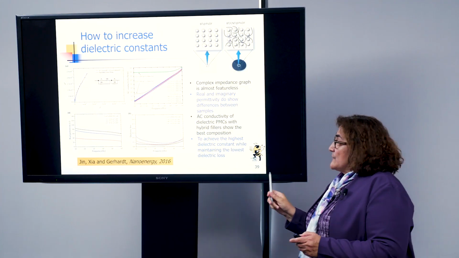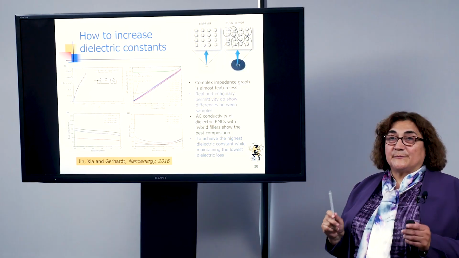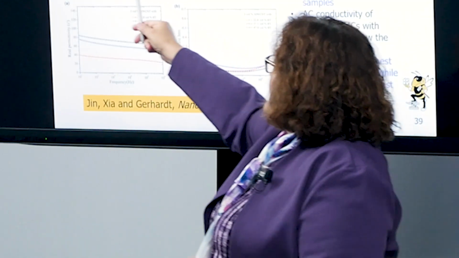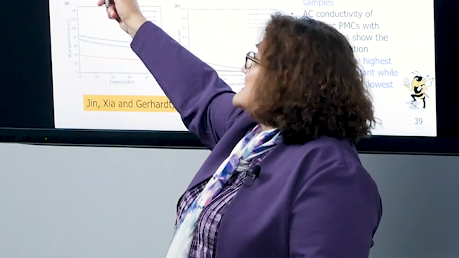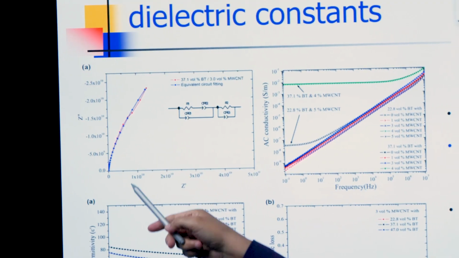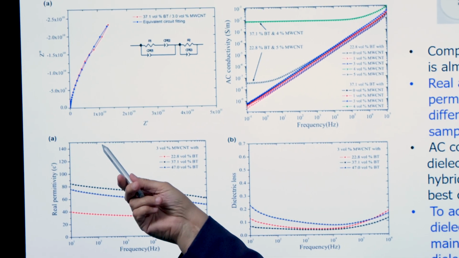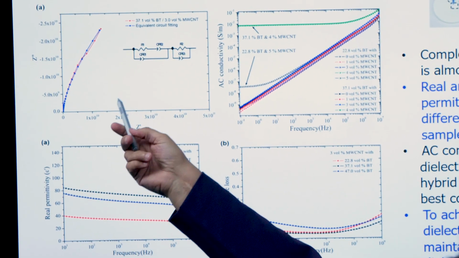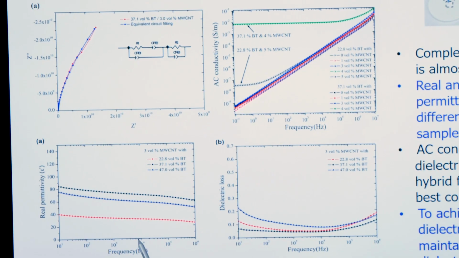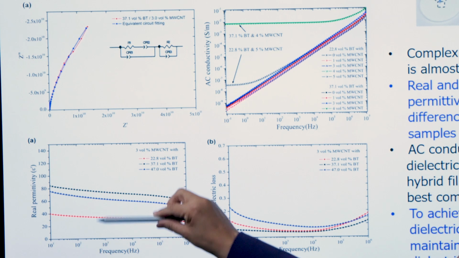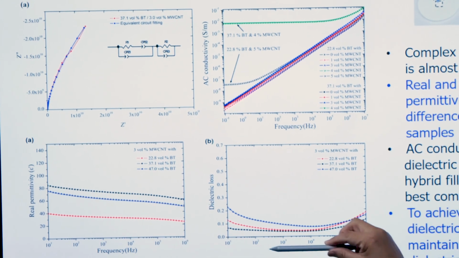And this is a beautiful slide to show you the beauty of looking at all the different functions. If you only look at the complex impedance plane, this looks very boring, you don't even get a complete semicircle, and you can't see very much from it. However, if that data is converted to permittivity, we actually do see the differences for 3 different cases.